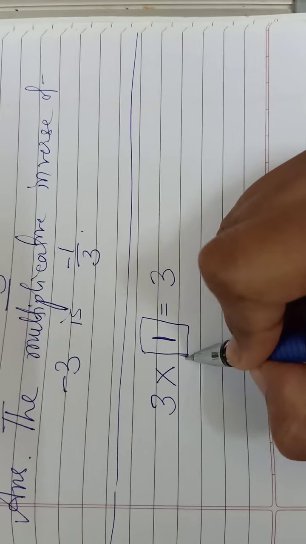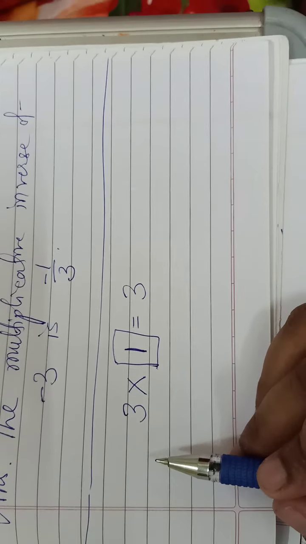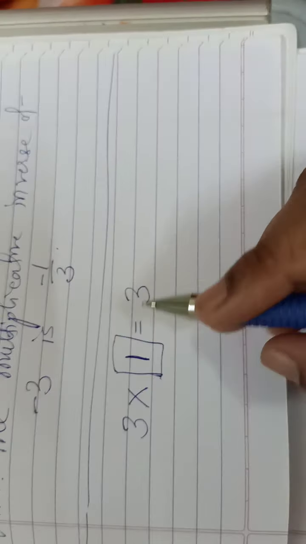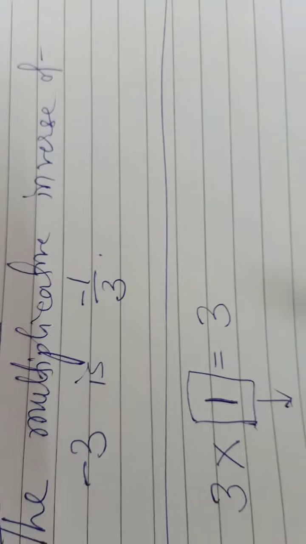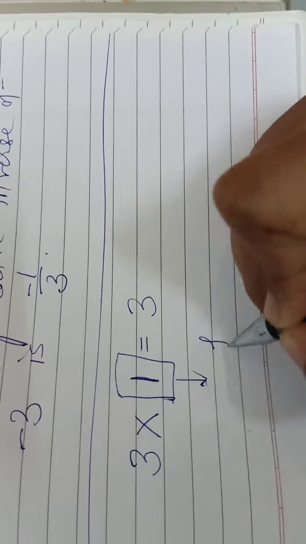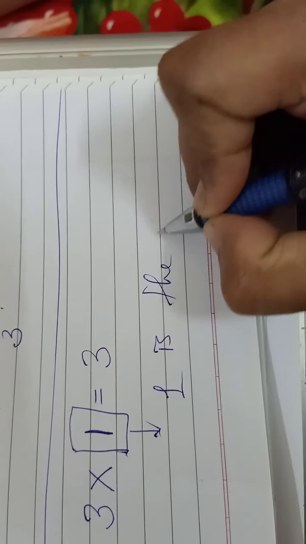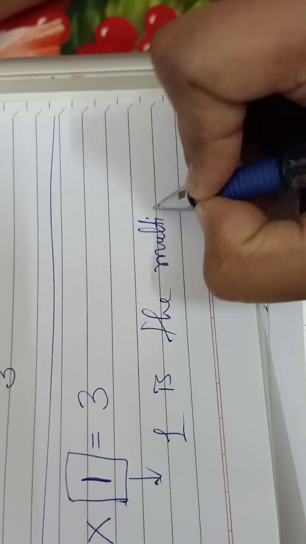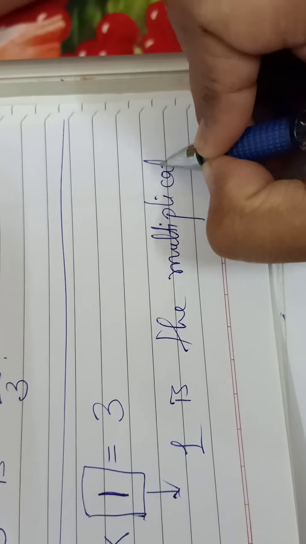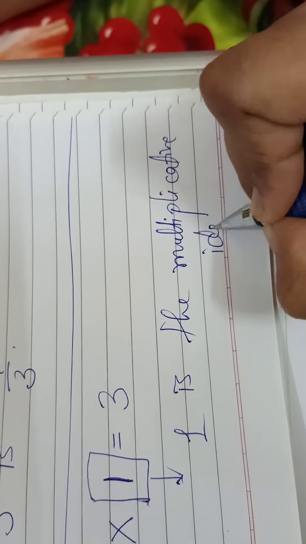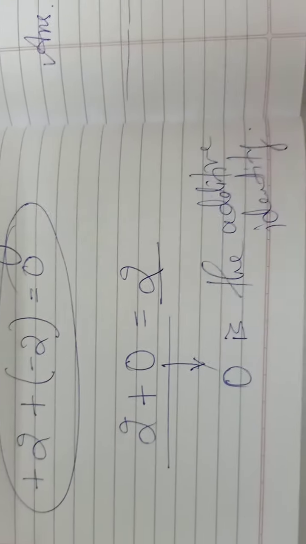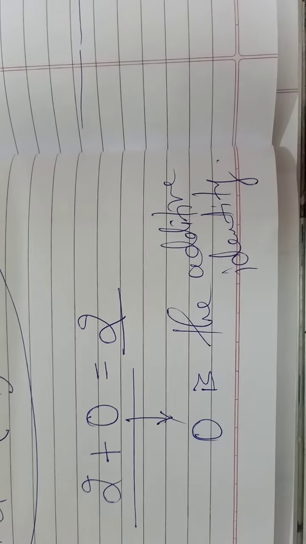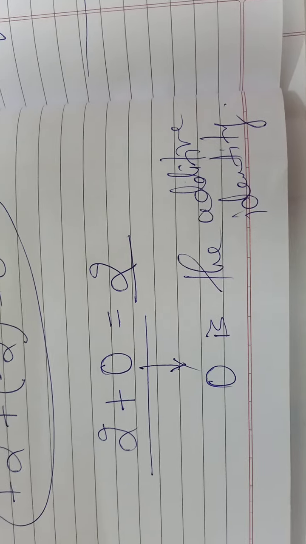So when you multiply 1 with 3, the answer is 3 itself. For that, 1 is called the multiplicative identity.